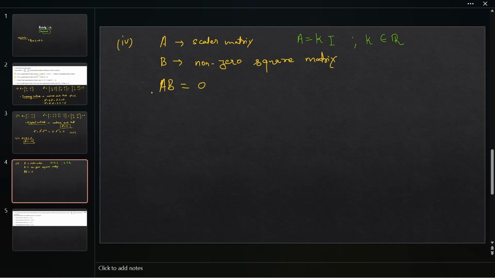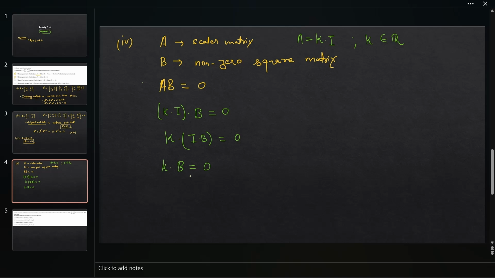Now, if I have AB equal to 0, I can write A as k times I into B equal to 0. Here I times B is B again. So k times B is equal to 0. Now, what can I deduce from here? That the value of kB is equal to 0.